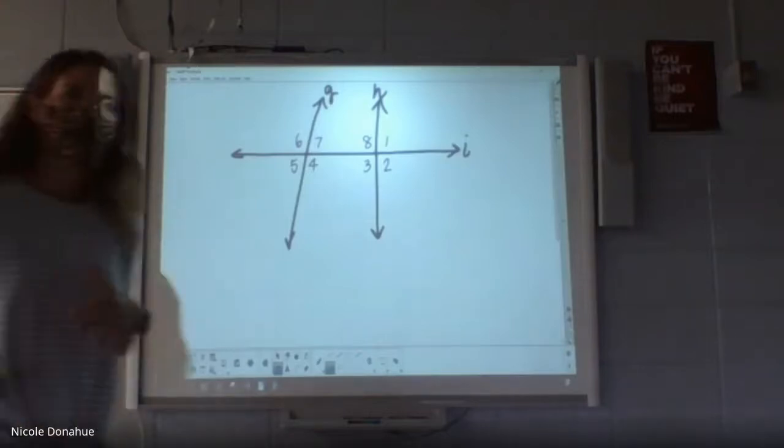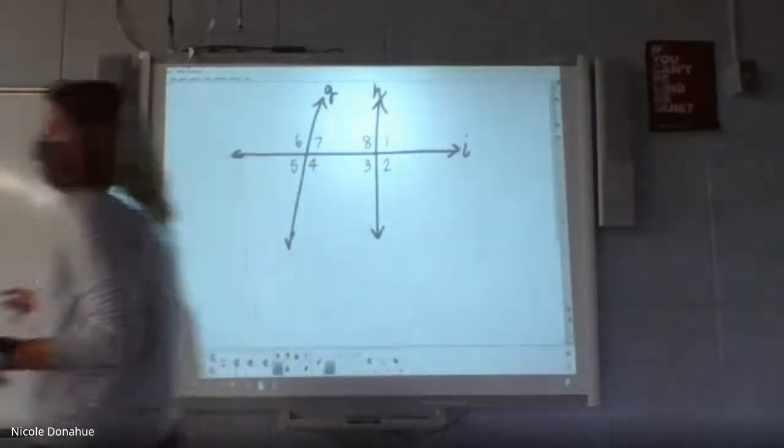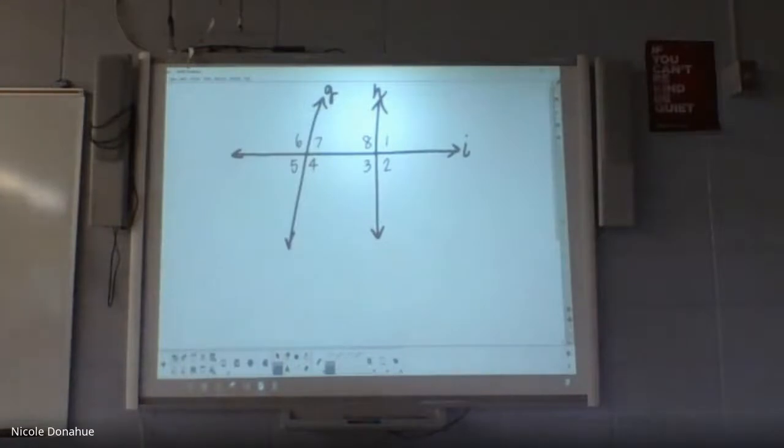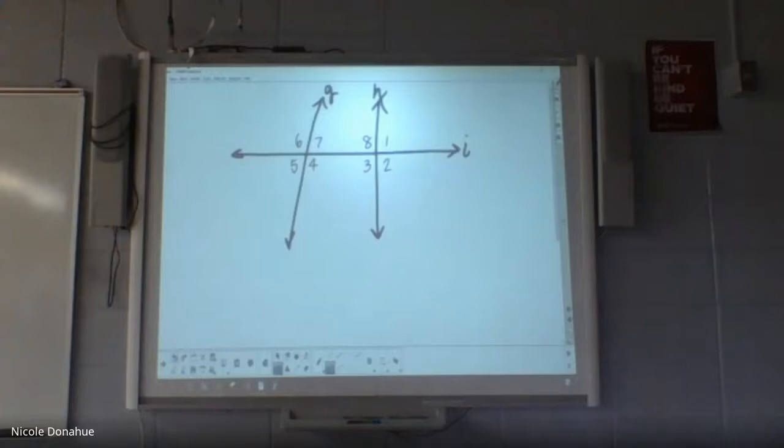So which angles are on the interior? All the angles that would be on the interior of this drawing. I'm just double checking that we're all getting the vocabulary.